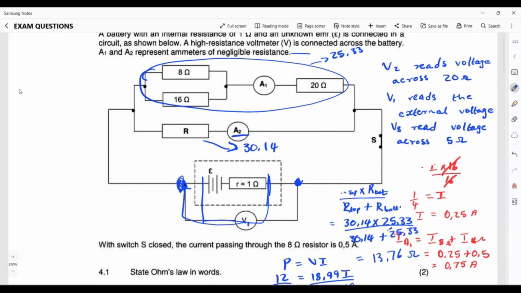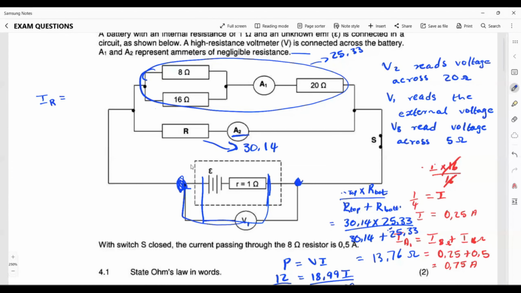I'm looking for the current passing through resistor R. So the way I do it, I'm going to write the resistance of the branch that I don't want.